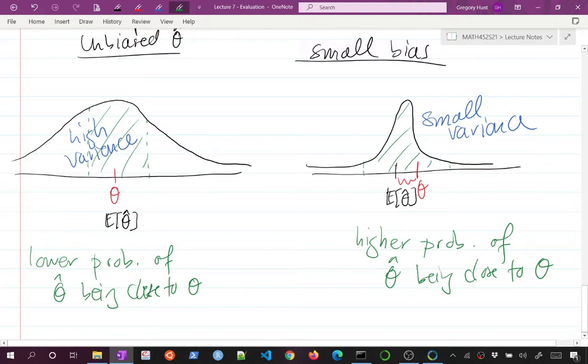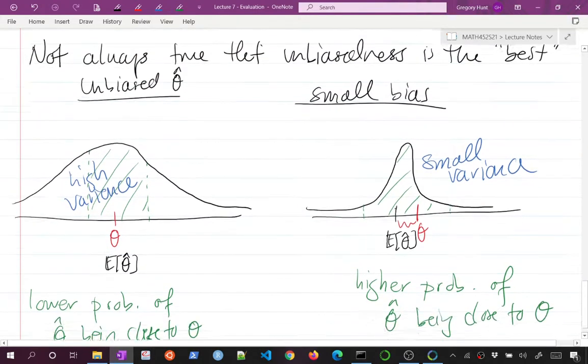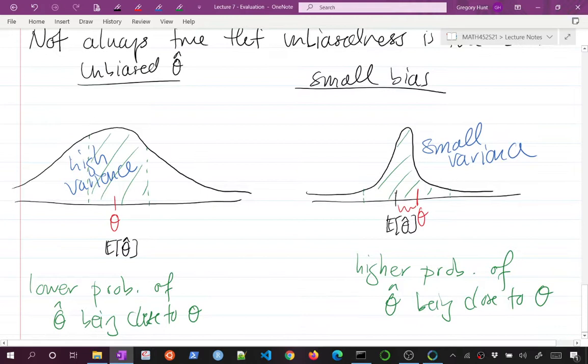A much higher percentage of the total area is under the curve on the right, whereas a lower percentage is under the curve on the left. So it's not always true that unbiasedness is the best thing in the world. Sometimes you have a small bias, but a much lower variance, and that's better.